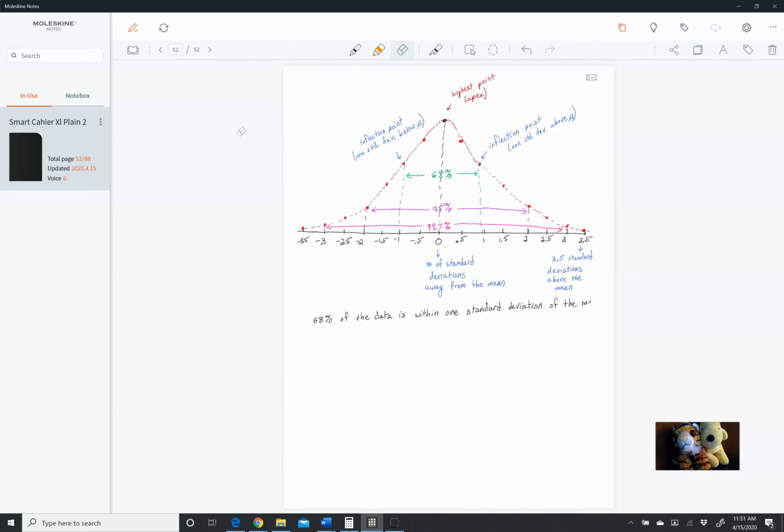It's why we call it normal and why we call it standard. 95% of the data is within 2 standard deviations. And 99.7% is within 3 standard deviations.